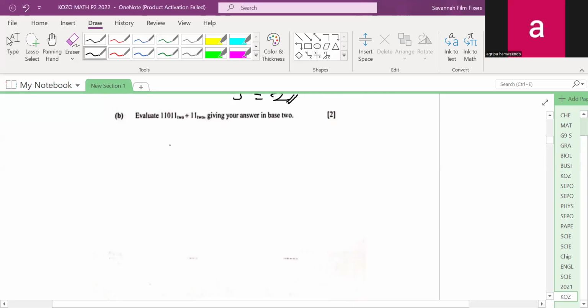So question B, we have got these numbers here, 1, 1, 0, 1, 1, base 2. We have to add them with 1, 1, base 2 here. So here we are adding in binary, right? So there are certain rules that we're supposed to follow when adding in binary.